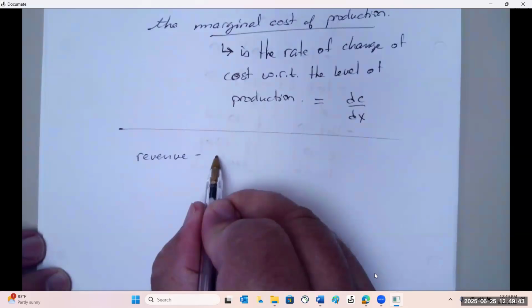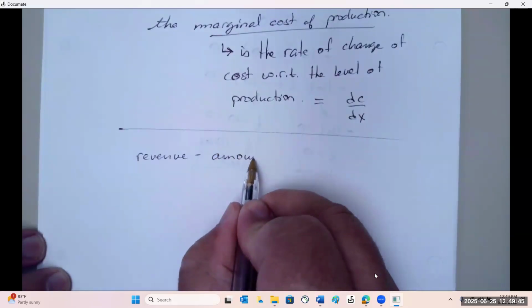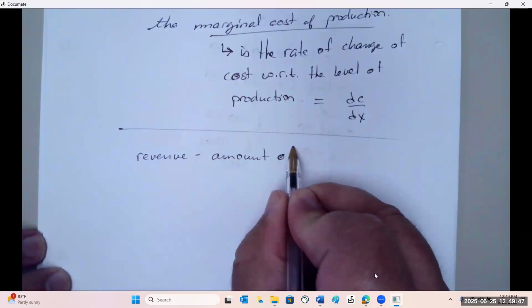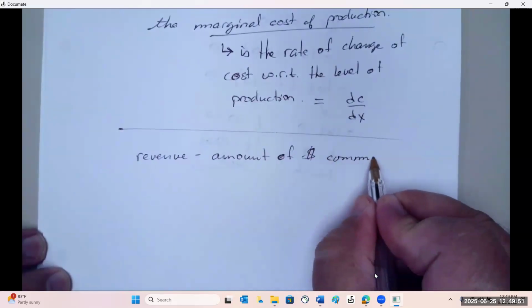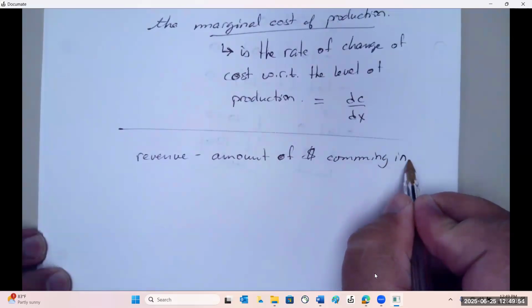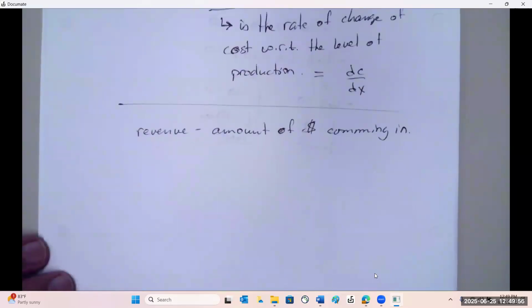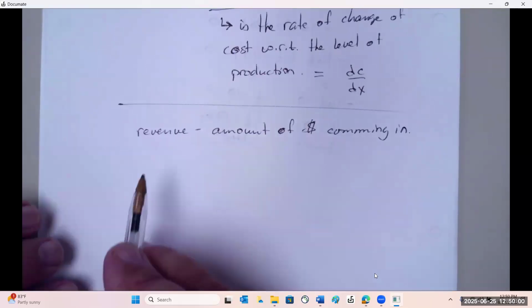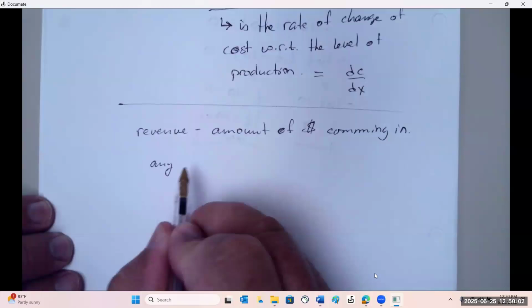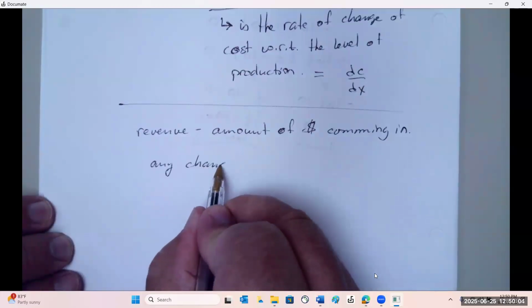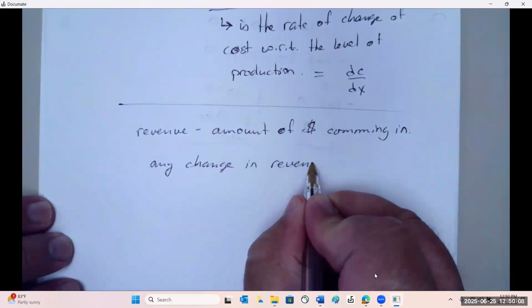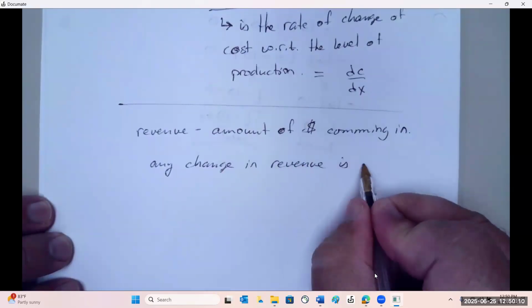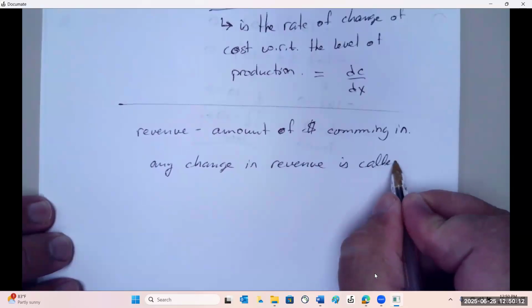Revenue. Amount of dollars coming in. So any change in revenue is called, what do you think it's called?